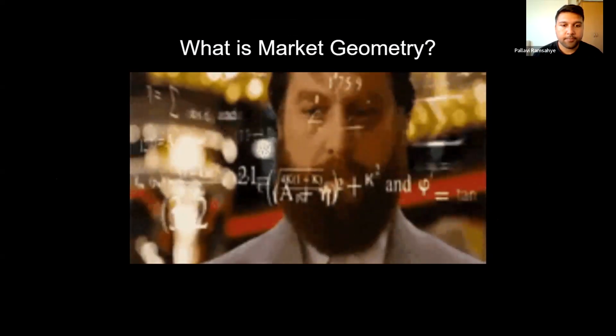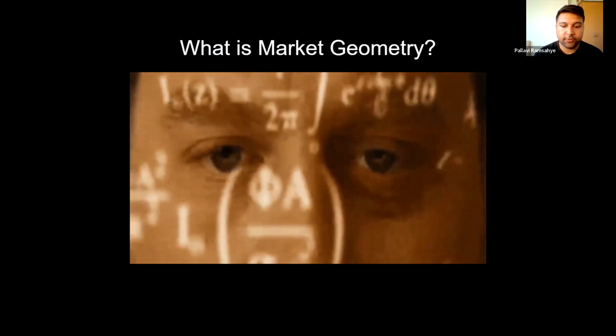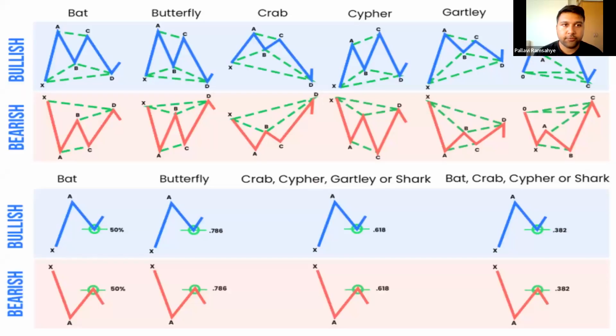So far in these sessions, we've covered many patterns. We've covered the bat pattern, butterfly pattern, crab pattern, and today we will be going into the Cypher pattern. In the following sessions, we will complete it with the Gartley and the shark, and then we will move on to the alternate patterns.